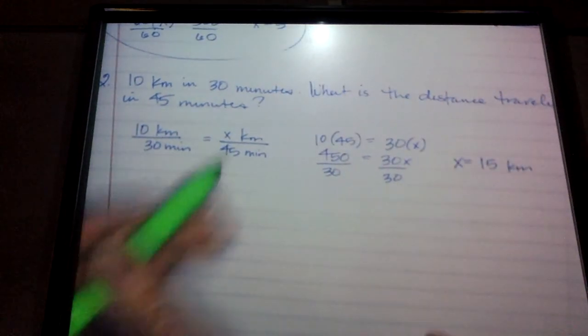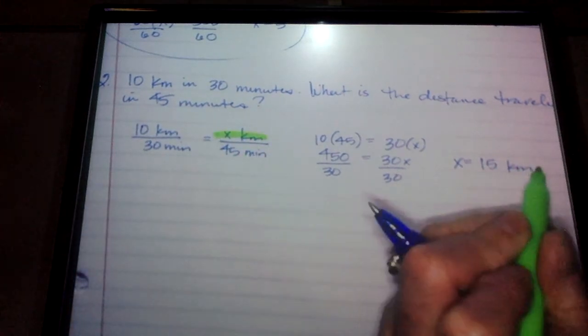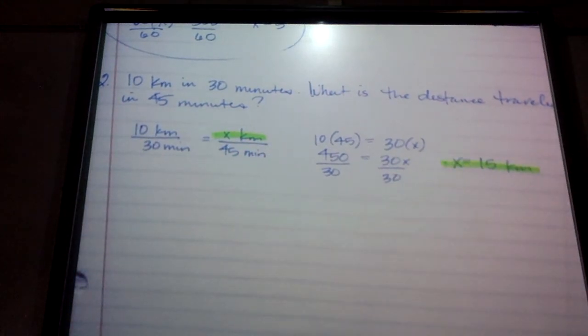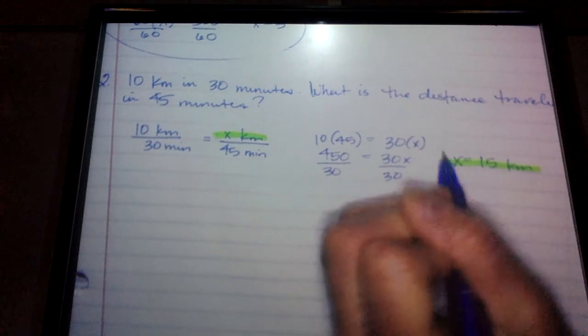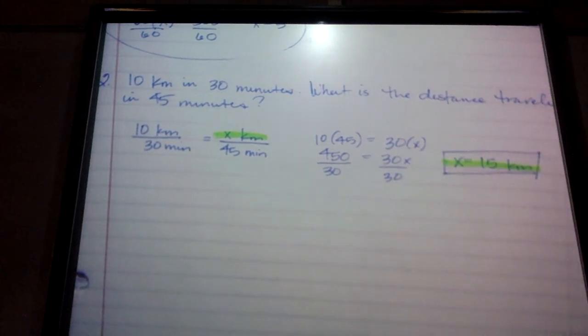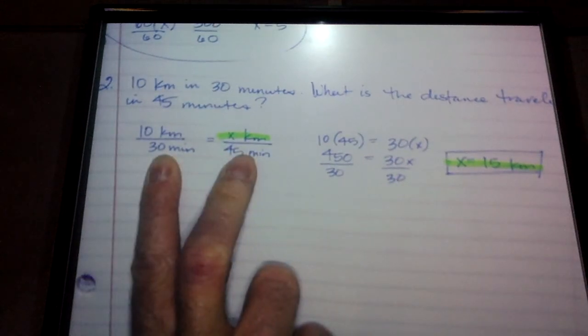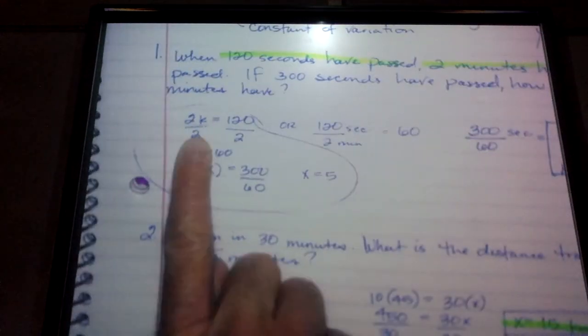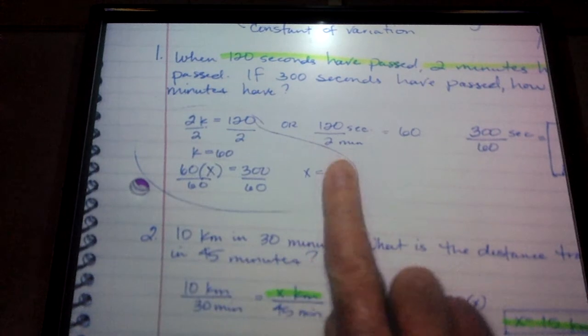Because I'm asking about distance. So x kilometers, my answer is here. So 15 kilometers. So I'm just going over different ways that you can solve these problems by creating a ratio, by creating a direct variation, or by using mental math. Next one.